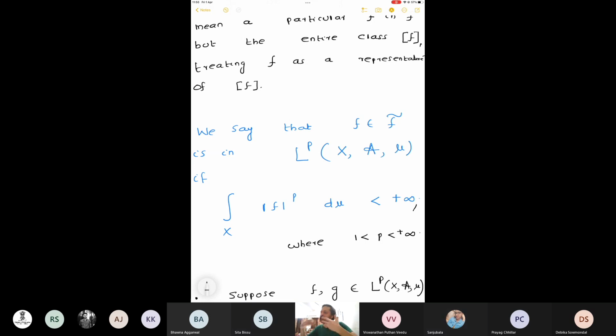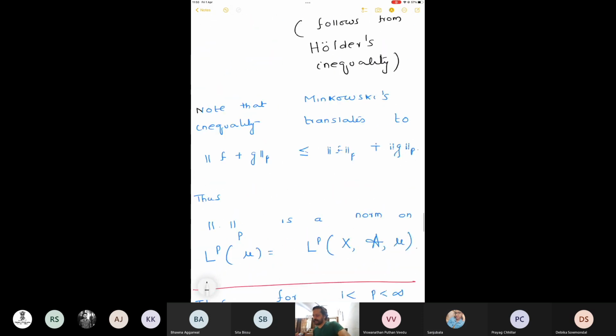So how do I modify the definition is the question. I have 10 minutes. Let us start with the bounded functions that you know. Let X be any set, and suppose f from X to K, where K is real or complex, is a bounded function.